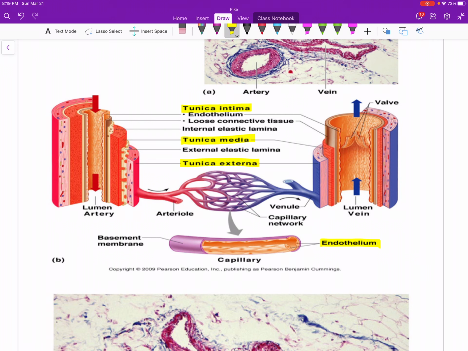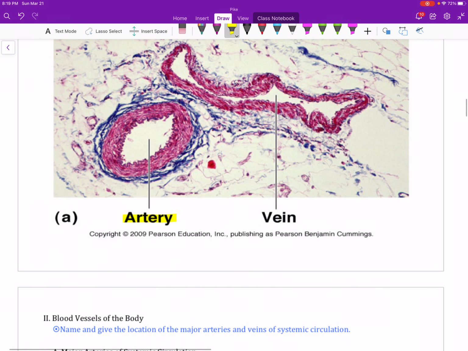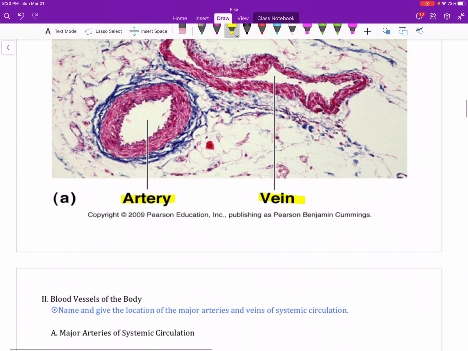If you remember, I talked about that they were one cell thick, simple squamous epithelium. And so these capillaries are so tiny, their walls are just one cell thick. And then here is the difference in an artery, a thick wall, and the lumen is very open. A vein is more kind of floppy and not as thick in the tunic.